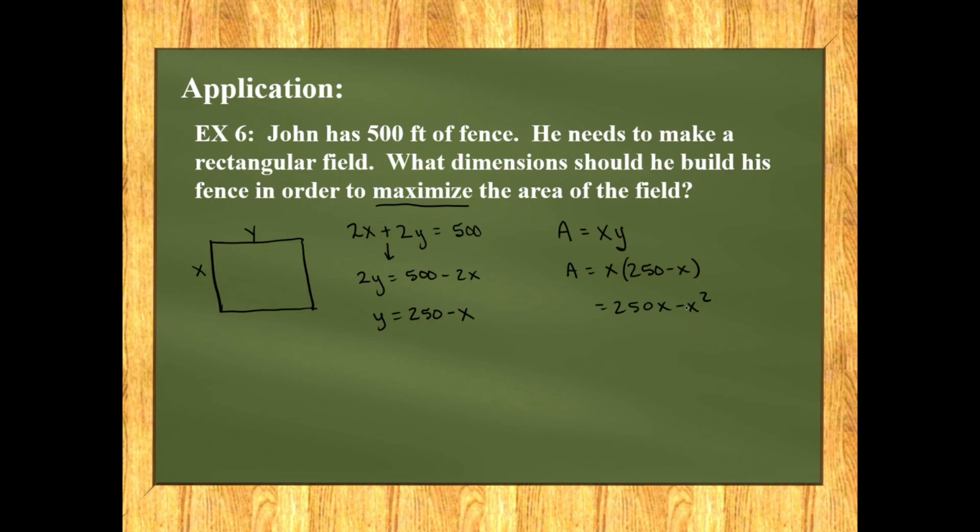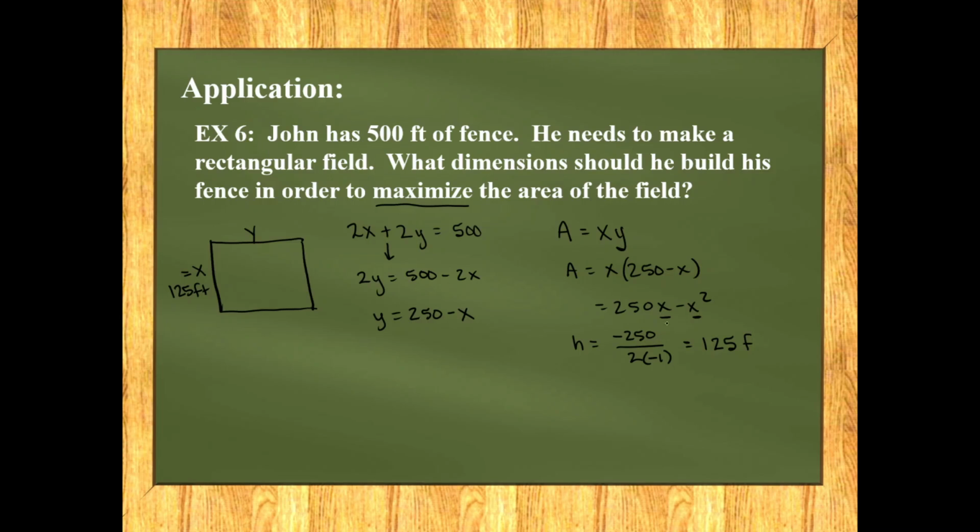And then I can find the vertex. So the vertex here will be at h equals negative 250 over 2 times negative 1. So that'll end up being 125 feet. That's my x value. Okay, and I know it's the x value because that's the variable I have right here.